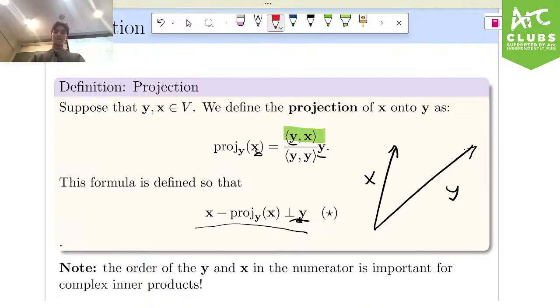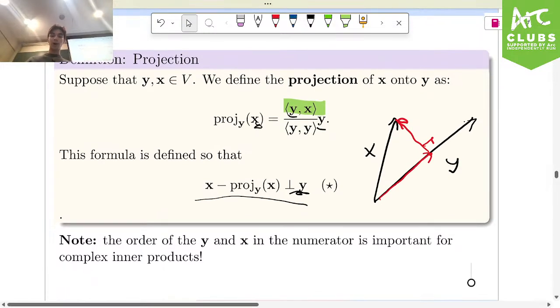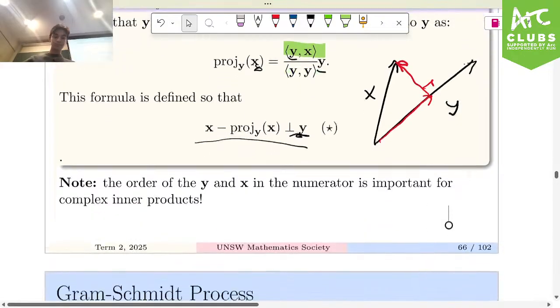Then this is the projection of x onto y, and this is x minus its projection. And you can see how that has to be perpendicular. Obviously, this is in a two-dimensional case, but it generalizes to even weird inner product spaces like function spaces.